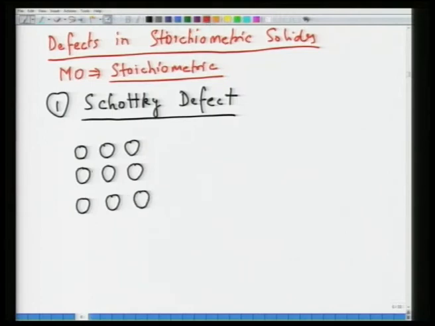Now, if I draw the cation, let us say it goes here. Each of these has 4 nearest neighbors. So, this makes an MO kind of solid, an MO oxide. Okay. Now, this is a perfect solid.